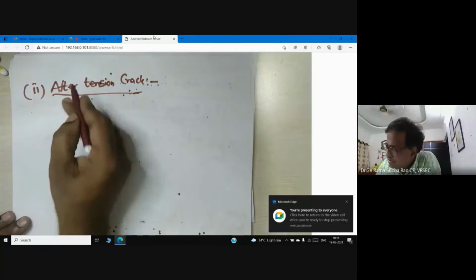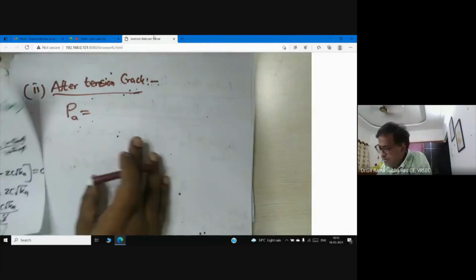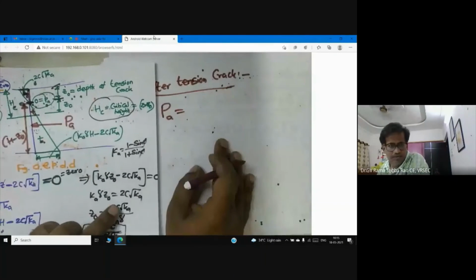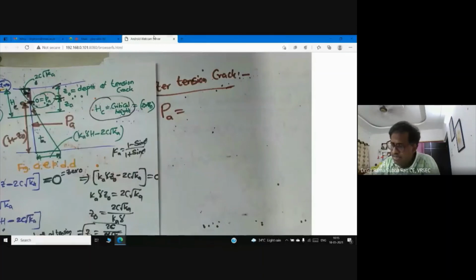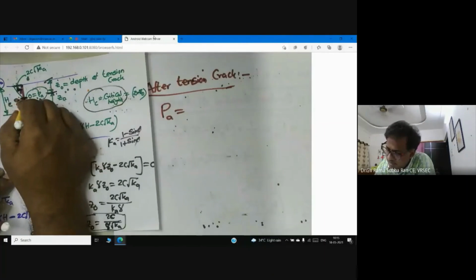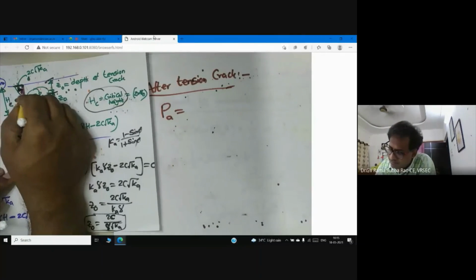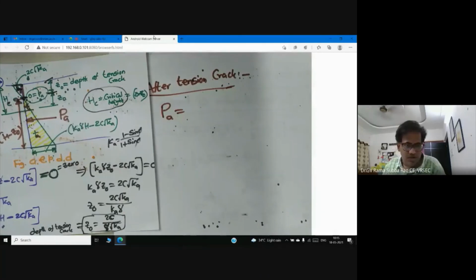So let me tell you now. Now Pa is equal to, so I have my diagram. I will use another color. I want the area of this one, only this hatched portion. Can anyone tell me now how to calculate the area of the hatched portion?